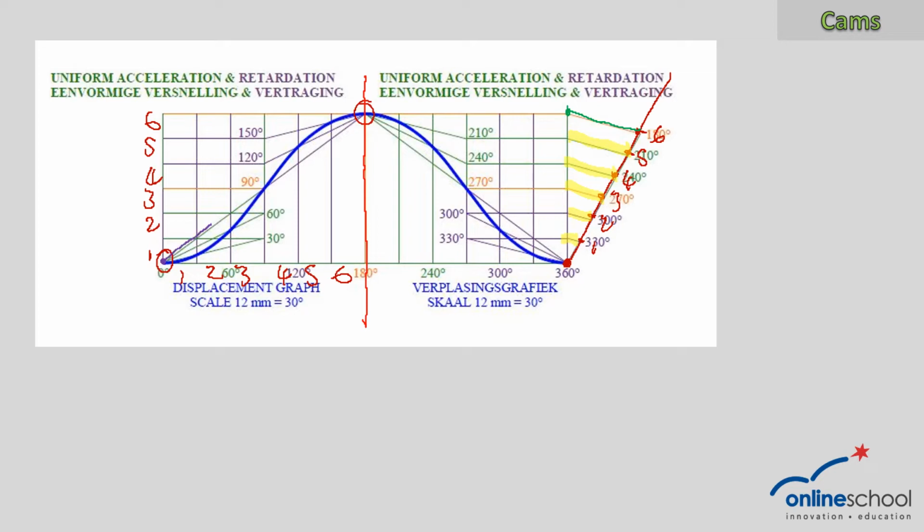So the easy way to go about this is to start off by drawing from the minimum displacement a diagonal line that goes all the way to the maximum displacement on both sides, with the acceleration and then the retardation. And that is your median.